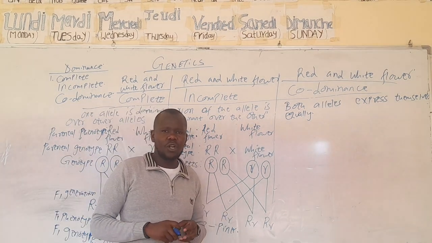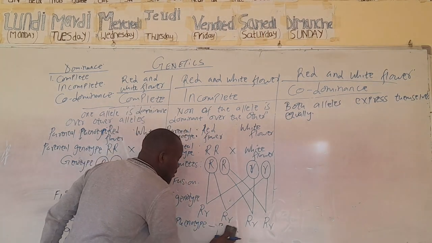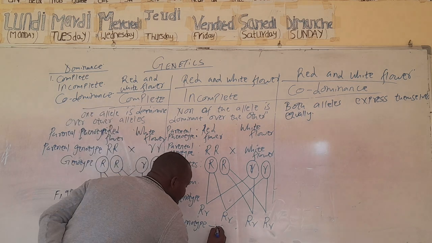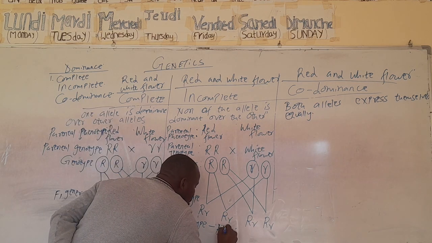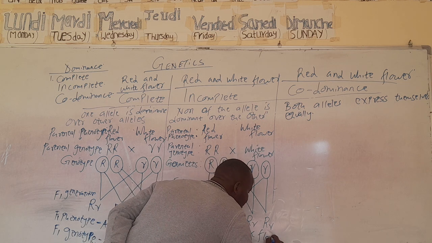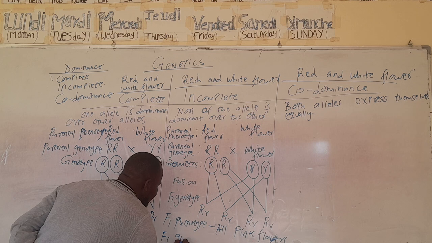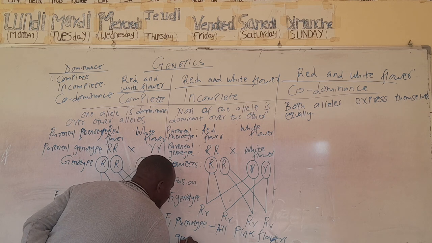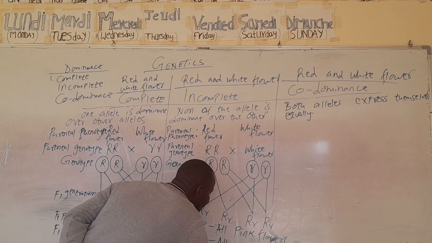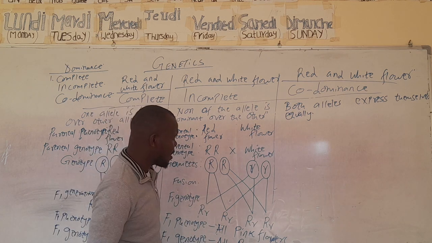Capital R small r represents pink, so all the flowers are pink. The F1 genotype is all Rr, representing the pink color.